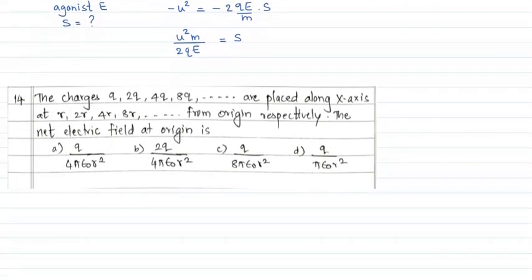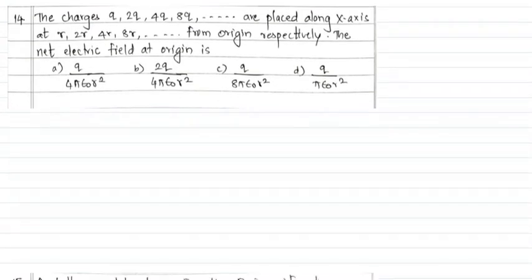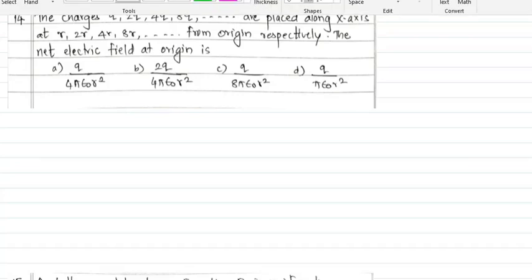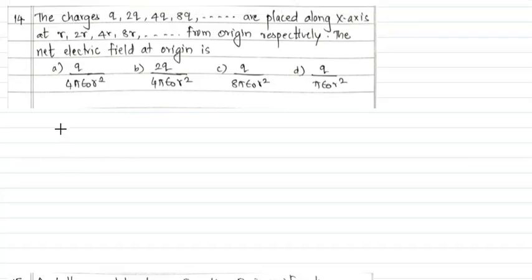The charges q, 2q, 4q are placed along the x-axis at a distance from the origin. So I will take the axis. Now origin is 0.